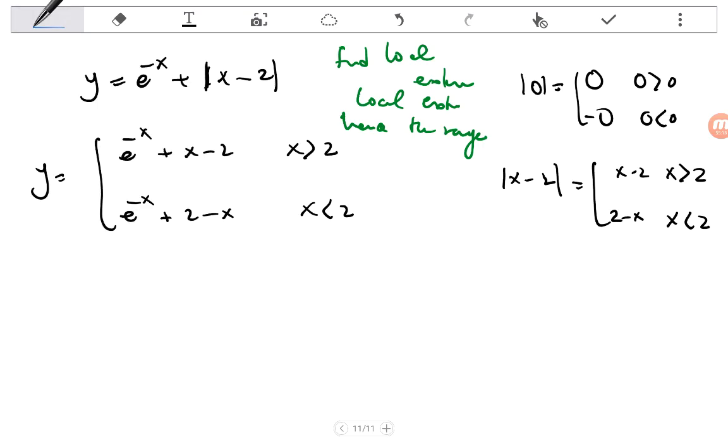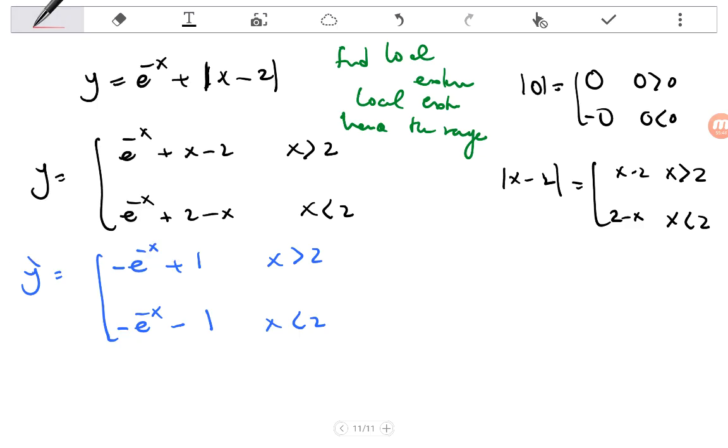Okay, let's check. To find the local extrema, we find the first derivative. What is the first derivative? I just take the derivative of each branch: minus e to the minus x plus 1 for x greater than 2, and minus e to the minus x minus 1 for x less than 2. Now I need to know when the derivative is equal to 0 and when it does not exist.